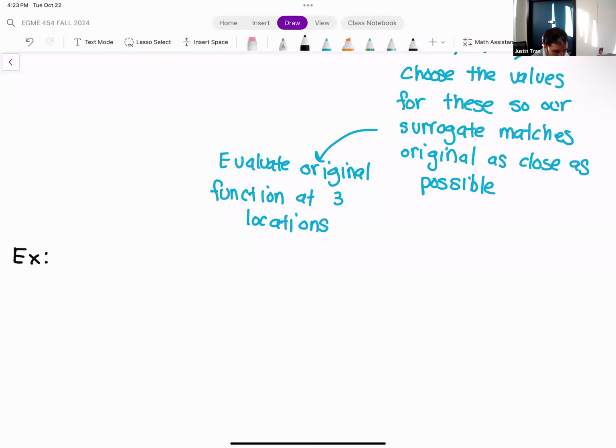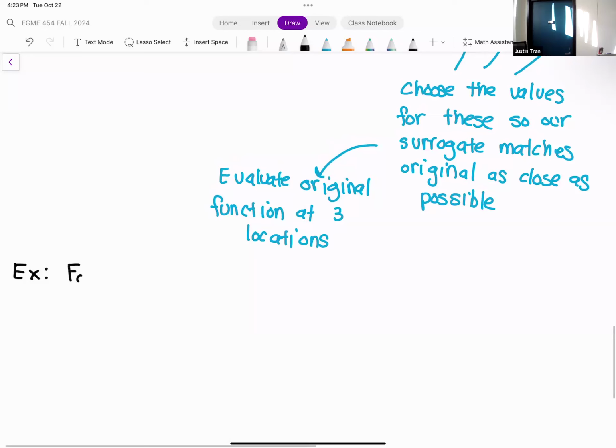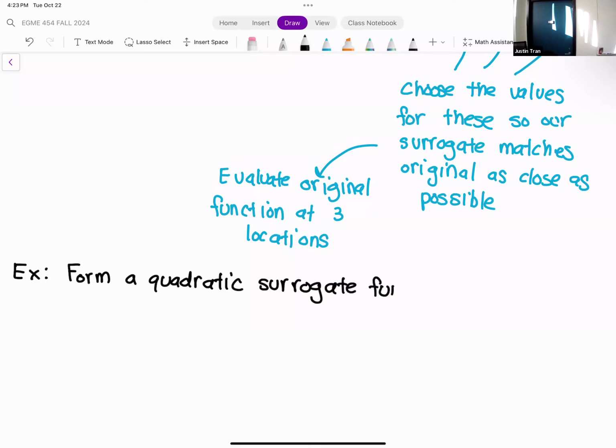Okay. So let's form a surrogate function, a quadratic surrogate function. And we're going to do that for the following function.